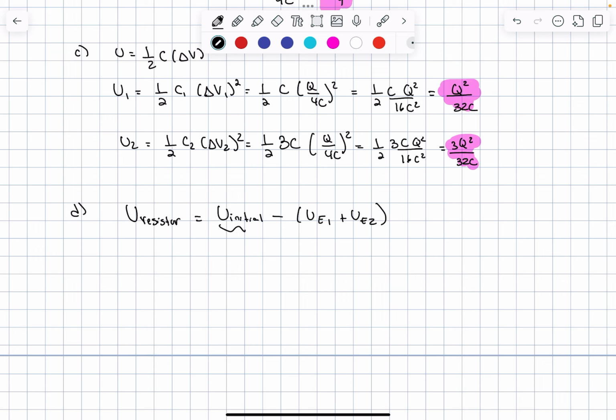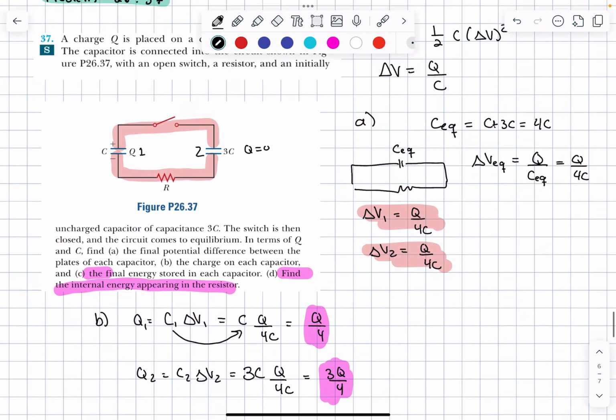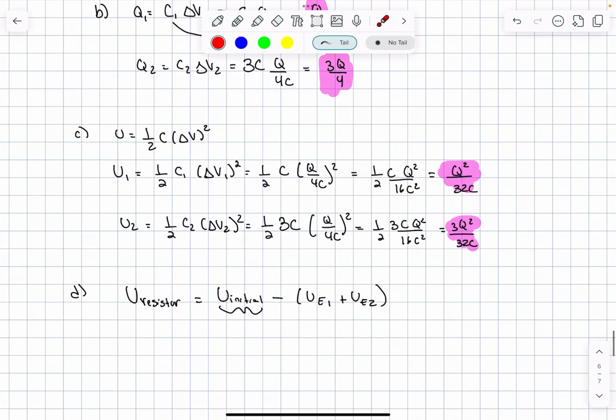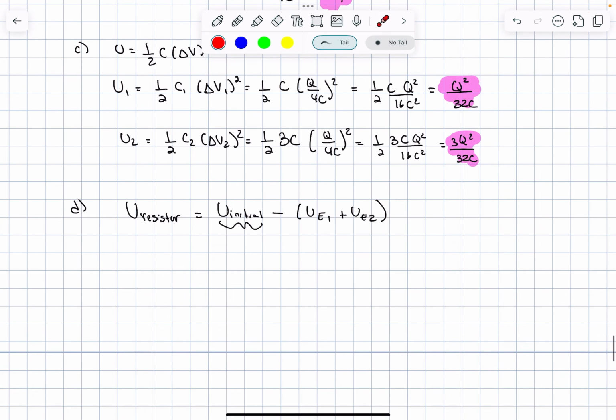And what was the initial potential energy? Well, originally, remember, we just had this one and it was charged and the circuit was open. So we need to figure out, well, what was the potential energy of just this one here? And we see that it has capacitance C and charge Q. So it's pretty simple. All we have to do is say that this was 1/2 C1 delta V1 initial squared.